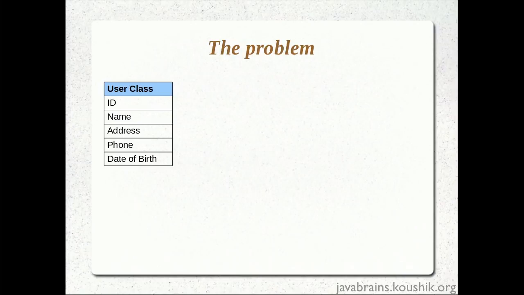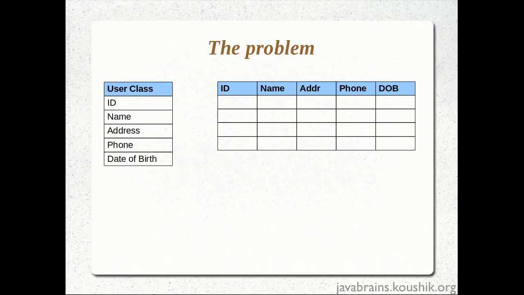How would I do that? I would have a user table, and each of these user objects would have data for a particular user, and I would save them as rows in the table. So I would have a table like this. I would call this the user table, and I would have 5 columns that correspond to the 5 member variables of this user class. So each of this data has to be saved.